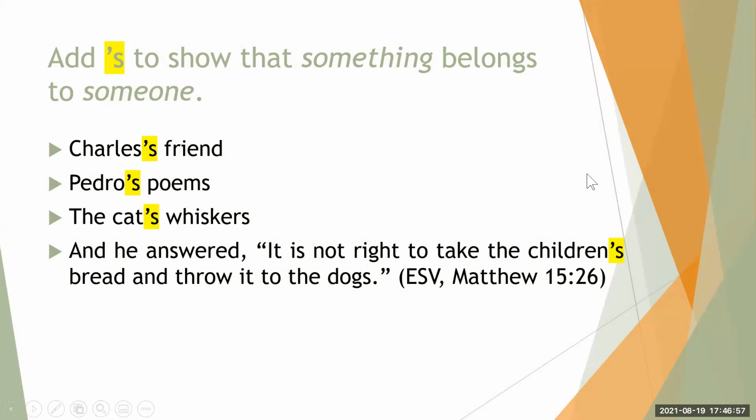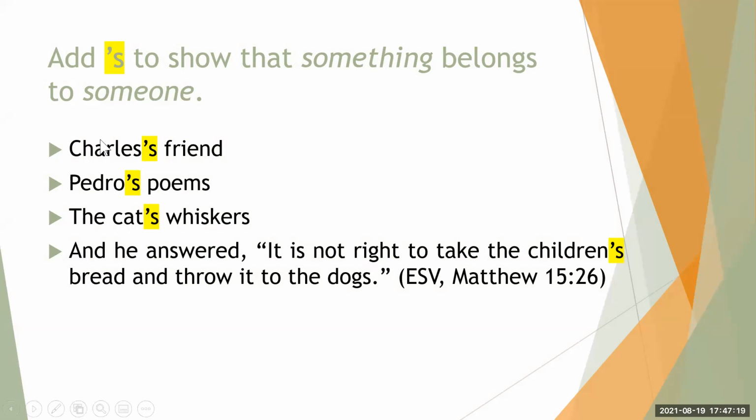So, punctuation. Let's talk about a few common punctuation marks. The apostrophe. The apostrophe is placed above the line, and you add an apostrophe to show that something belongs to someone. You add the apostrophe after someone's name or something to show that it's a property.